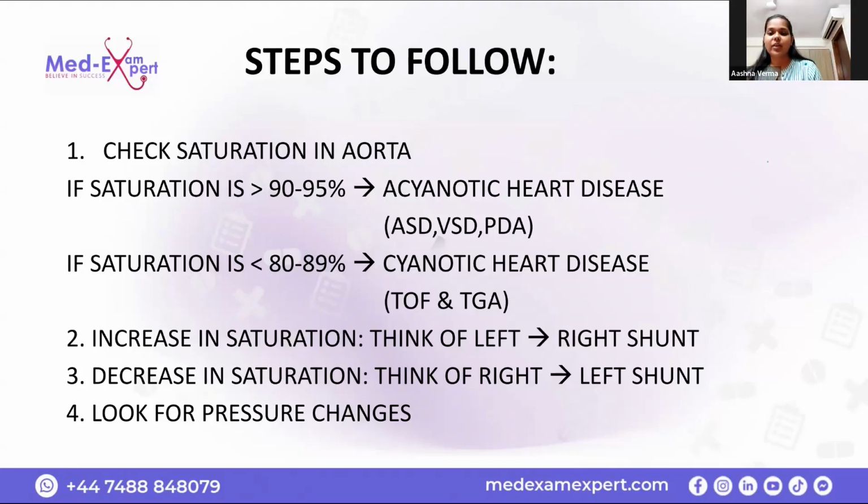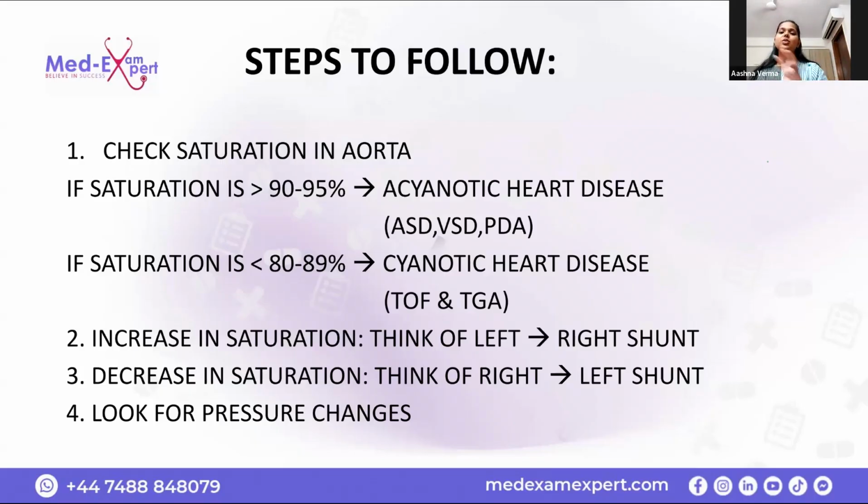Why? Because again, the right side consists of deoxygenated blood and the left side consists of oxygenated blood. So if there is decrease in the saturation in the left side of the heart, there must be some shunting from the right side.